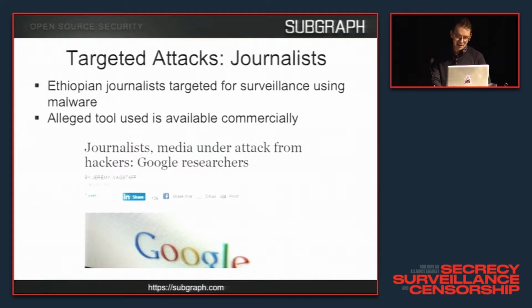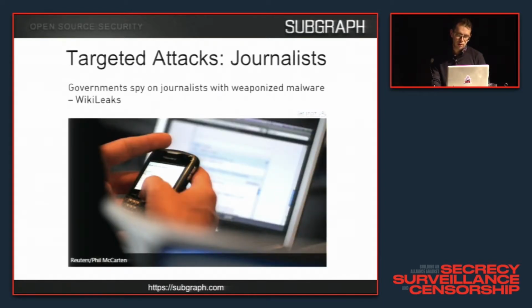Ethiopian journalists here. Journalists are an important user group, potentially at risk from targeted attacks, and we see this in the news. Another one: WikiLeaks, Julian Assange has been talking a lot about malware and weaponized malware for good reason.